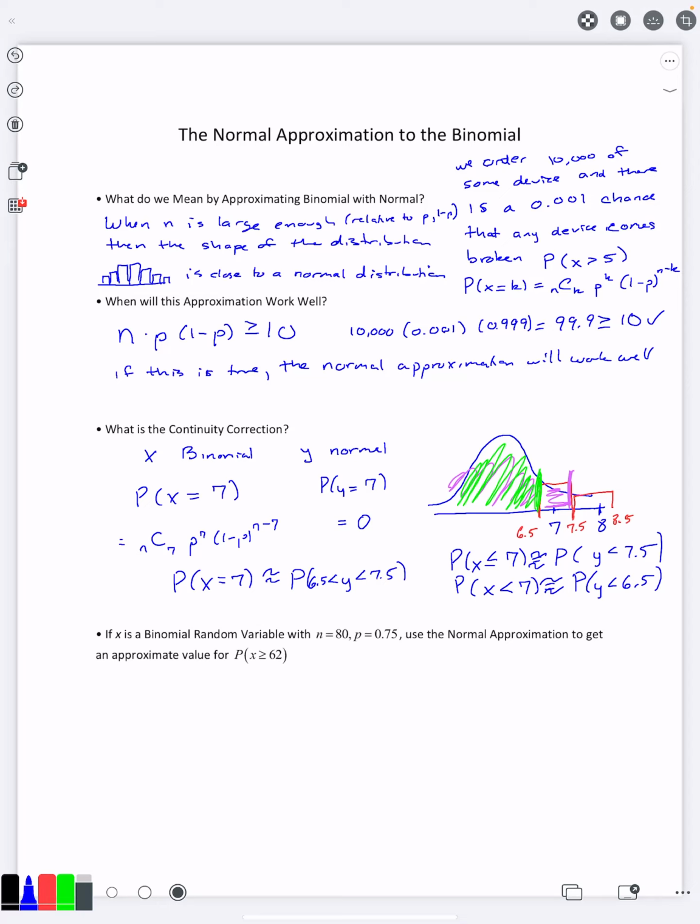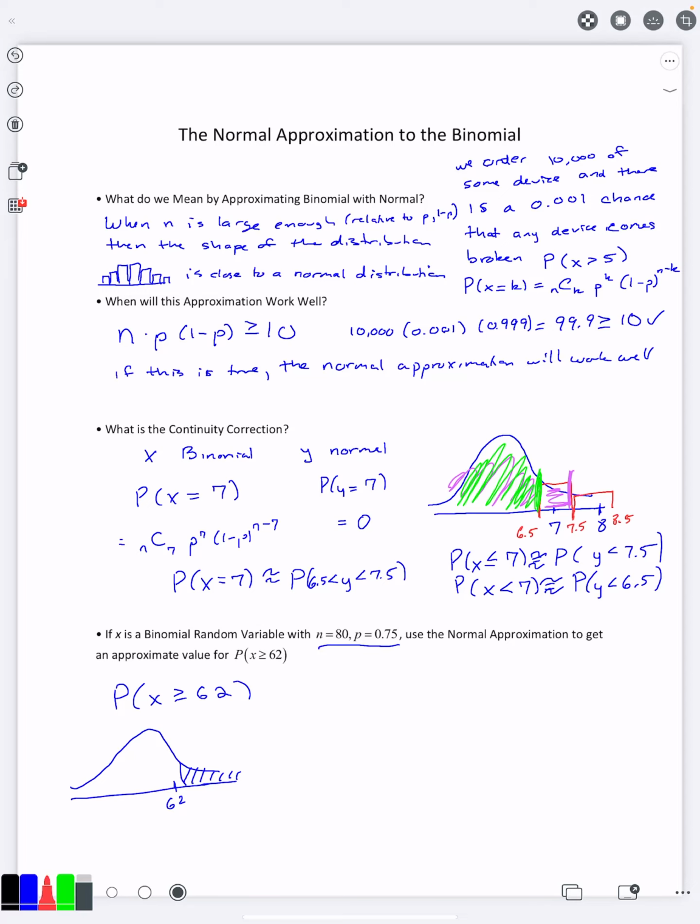So here's a quick example. We have x is a binomial random variable. They tell us that n is 80 and p is 0.75, and I want to use the normal approximation to find an approximate value for x greater than or equal to 62. If you look at your picture here, I want everything that is greater than or equal to 62.